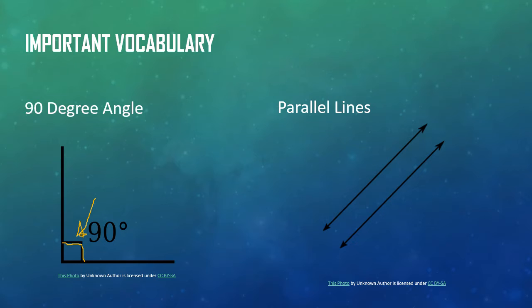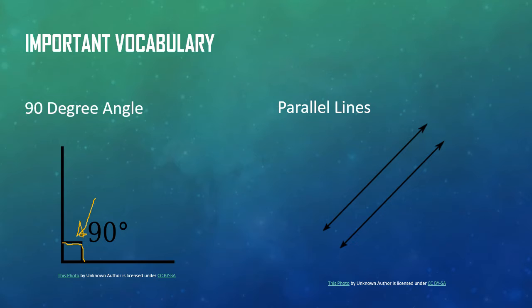Because that angle is 90 degrees. And if you're having trouble understanding 90 degrees, take a look at a piece of paper. The corners of a piece of paper are 90 degrees exactly. So if you are wanting to understand this angle, look at a piece of paper.